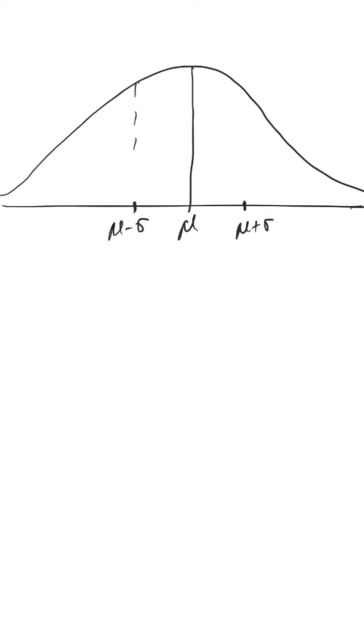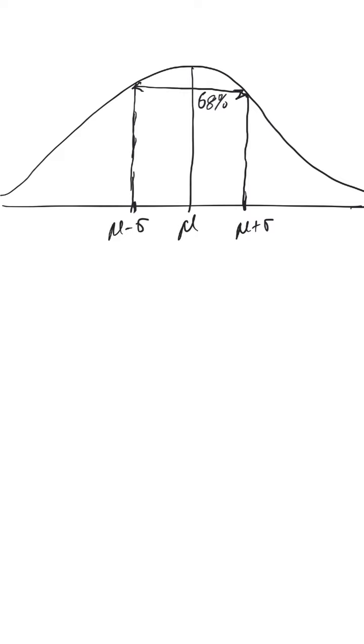Let me use a continuous line. This area is about 0.68. Approximately 68% of the data is within 1 standard deviation of the mean. So this is 68%, the area.